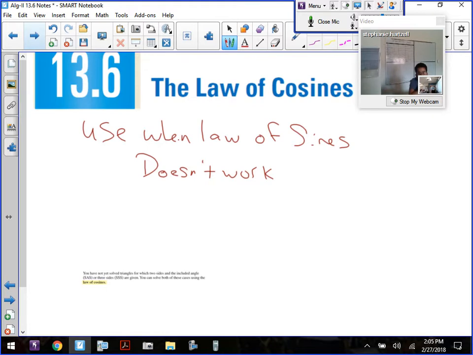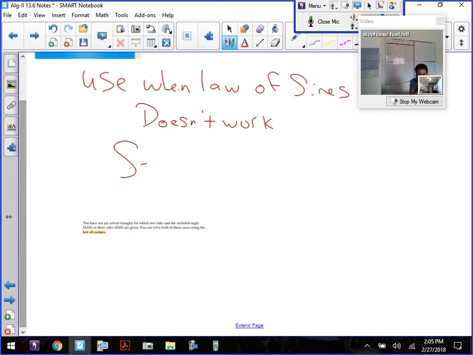We use the law of cosines for side-angle-side givens or side-side-side. Those are the two scenarios where you'll use law of cosines. Now remember, we used that sine trick yesterday for the area with side-angle-side. There is another area formula for when you have just all three sides, and I'll show it to you guys in a little bit. It's awesome.